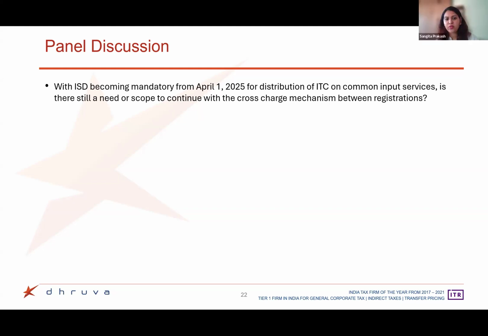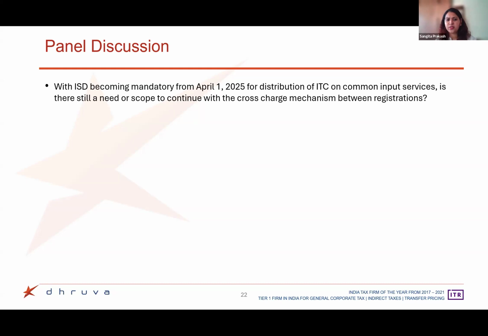I think both the concepts have always existed, Rudraj. Like you spoke about ISD, but even cross-charge. Entry 2 of Schedule 1 has always been there, which is effectively governing distinct supplies or supplies between distinct persons. While ISD will get implemented for distribution of common input services, I think cross-charge as a concept will remain.